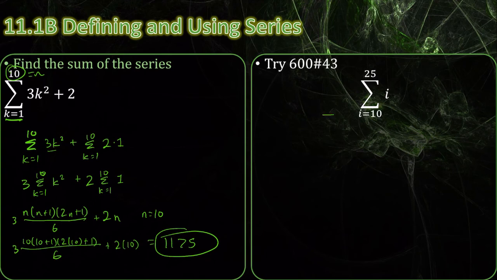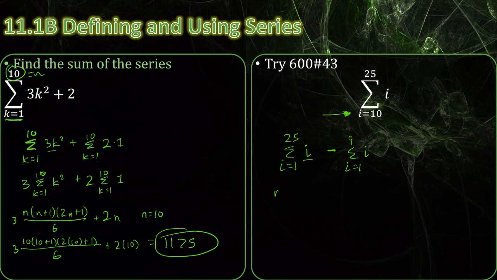It doesn't start at 1. So what could we do? Well, if we're starting at 10, this could be the same thing as adding up all the numbers 1 through 25, but then subtracting the numbers. Well, if I only want 10 through 25, I'd subtract the 1 through the 9. And then we use our shortcut formula.